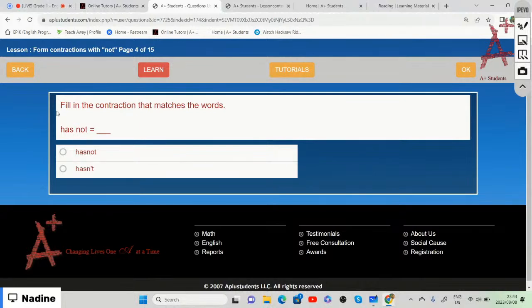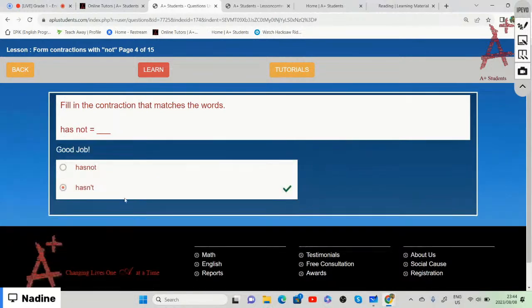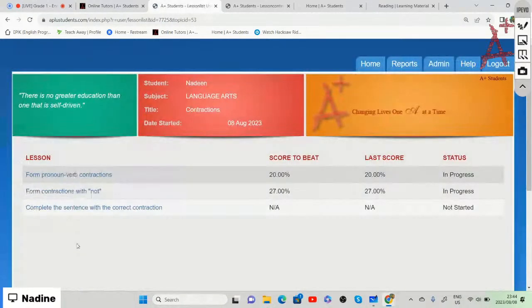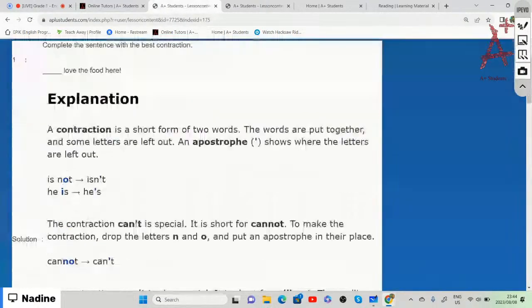So has not, hasn't, which means that it is shortened by hasn't. And hasn't means has not. So that is basically our contractions.